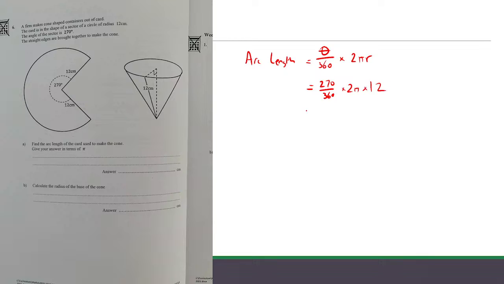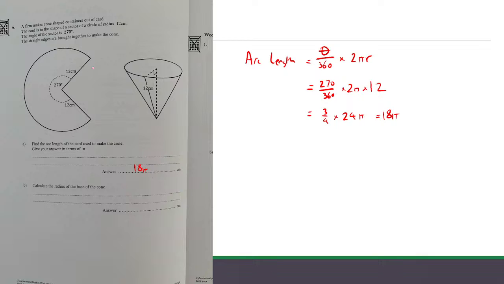Because it's non-calculator, we need to simplify this. 270 divided by 360 is 3/4 times 2 pi times 12, which is 24 pi. Now 24 pi divided by 4 is 6 pi, times 3 is 18 pi. So the answer to this question is 18 pi centimeters.